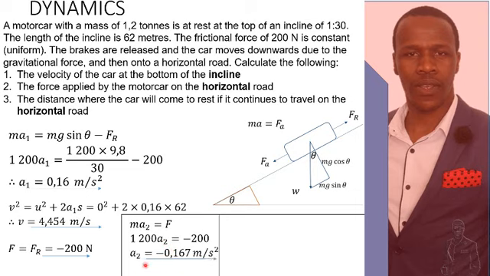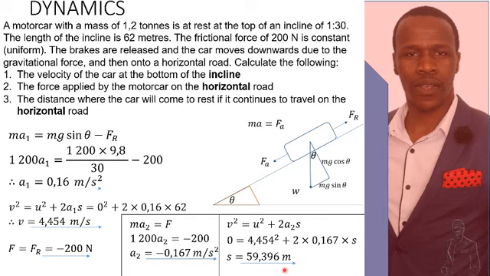After finding this a, now we can come back to this formula again, because we have 0 as the final velocity, we have the initial velocity, we have our A, we only need S. Then we can do our substitution so that we may be able to find S.